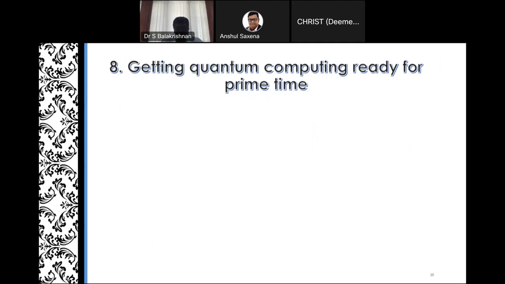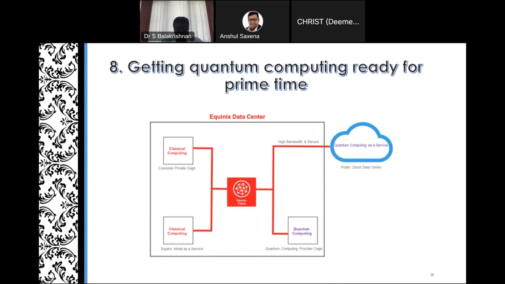In this figure, a highly interconnected colocation data center platform, such as an Equinix data center, allows both enterprises and the quantum computing service provider to have multiple hybrid deployment options. So here quantum computing as a service is based on a public cloud data center or public cloud provider, which helps make quantum computing ready for prime time.